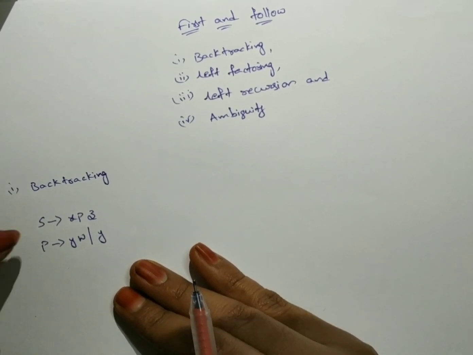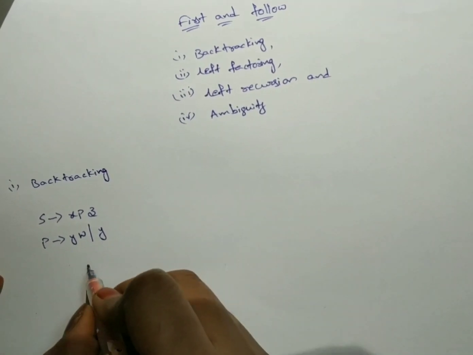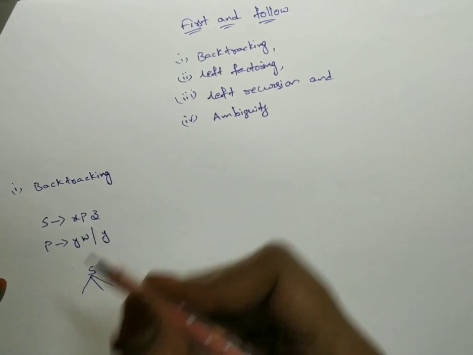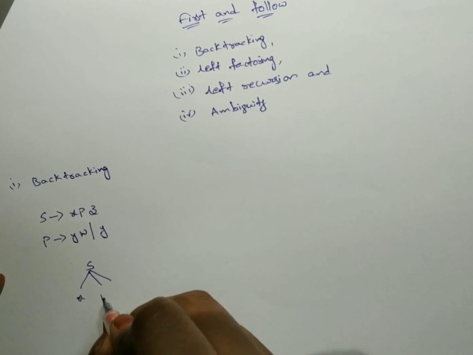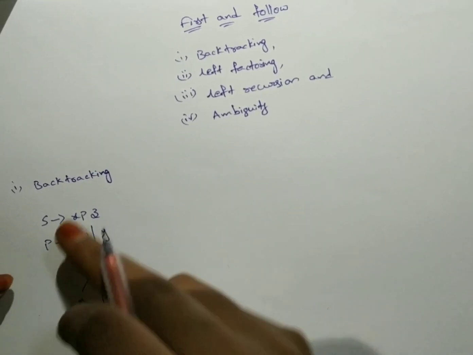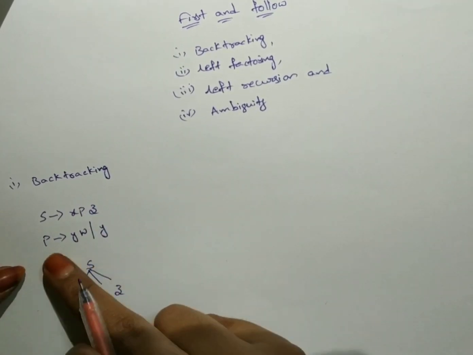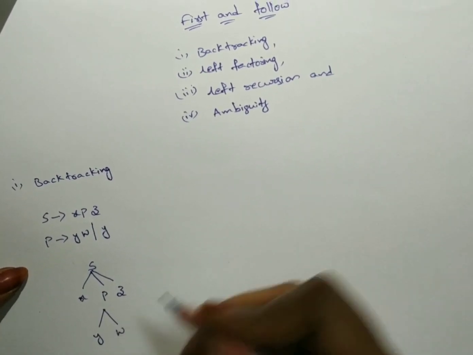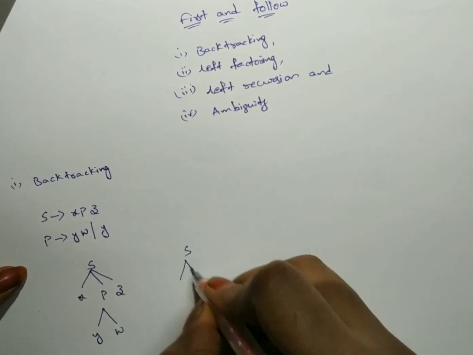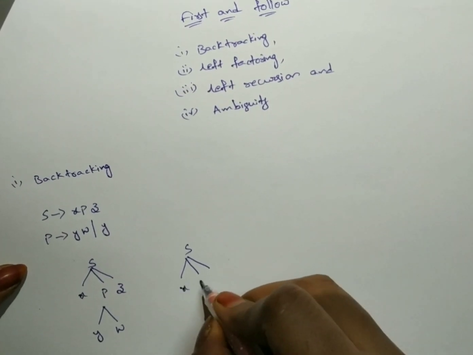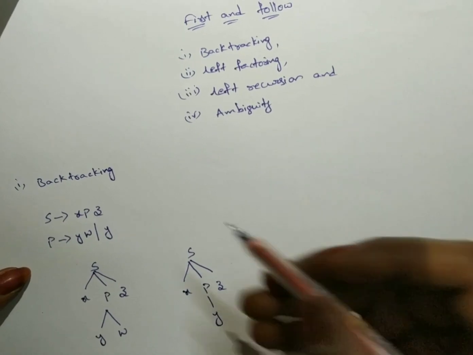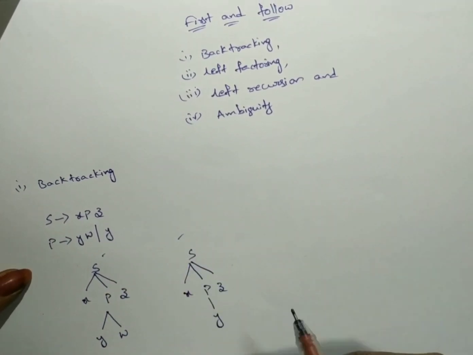In this grammar, if we draw a tree, S has three letters X, P, Z. The second one is P derives Y, W, and in the second case P derives Y. These are the two different cases.